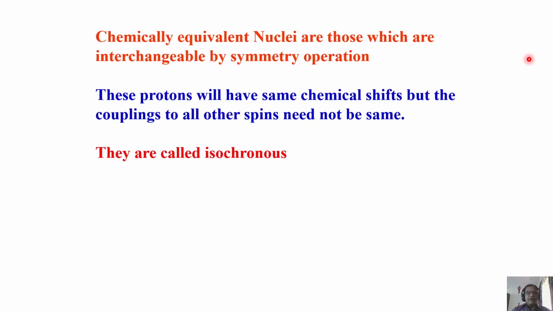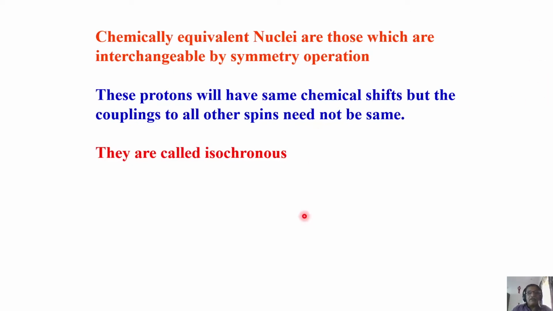Depending upon the type of symmetry it has, we can say whether the protons have the same chemical environment. Chemically equivalent means they have the same chemical environment. We can find out by a simple symmetry operation. Just write down the symmetry axis or symmetry plane or symmetry point, whatever it is, and you can find out which protons are chemically equivalent.